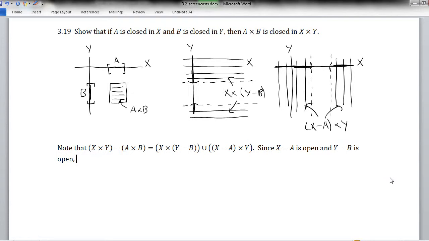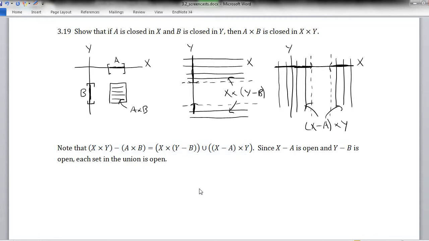Since each of those are open, each set in the union is open, right? Because not only are those two open, but X is open in itself, and Y is open in itself. So everything you see here on the right side is open. And if we take a product of an open set in X with an open set in Y, that's a basis element in the product topology. So it's certainly an open set in the product topology.